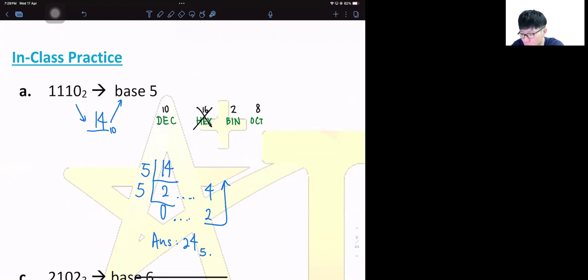Do you know how to put your calculator into base mode? Okay, press mode. See base, and then you press 3.